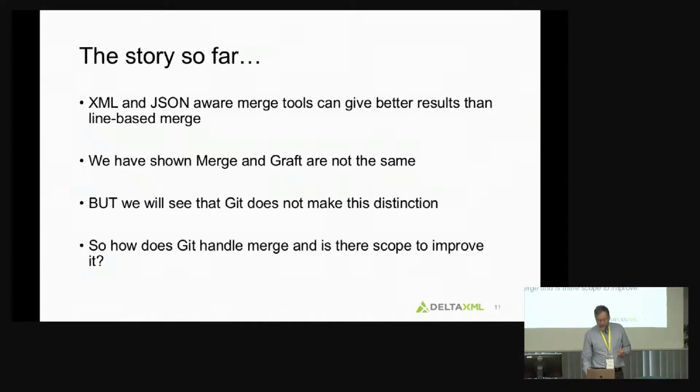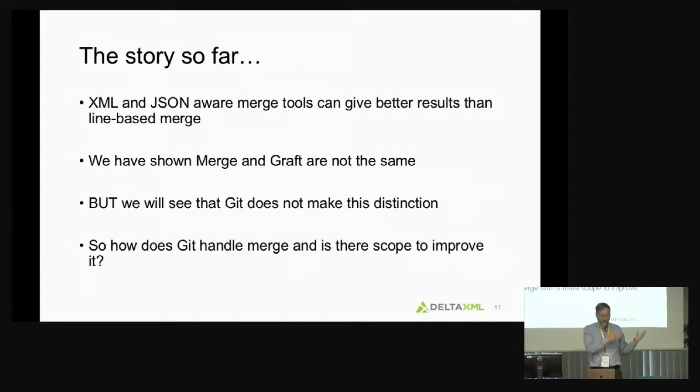So where are we then? We've got better merge tools for XML and JSON if we can take account of the structure and not just use the line-based systems. But the merge and the graft are not the same, so we have the opportunity of distinguishing between them and having in our Git system the ability to do those things in a different way.